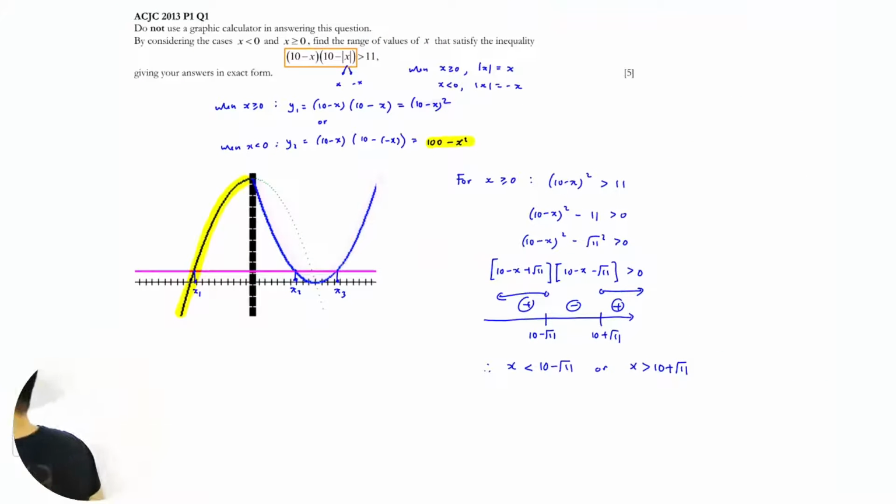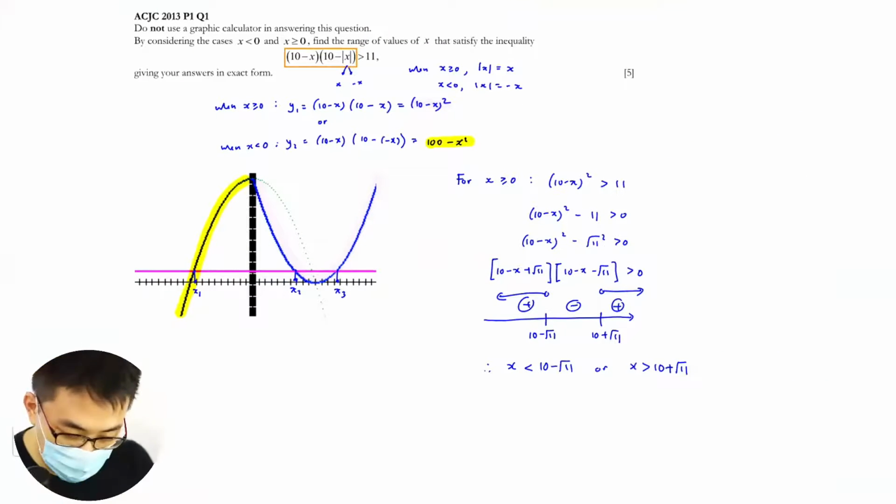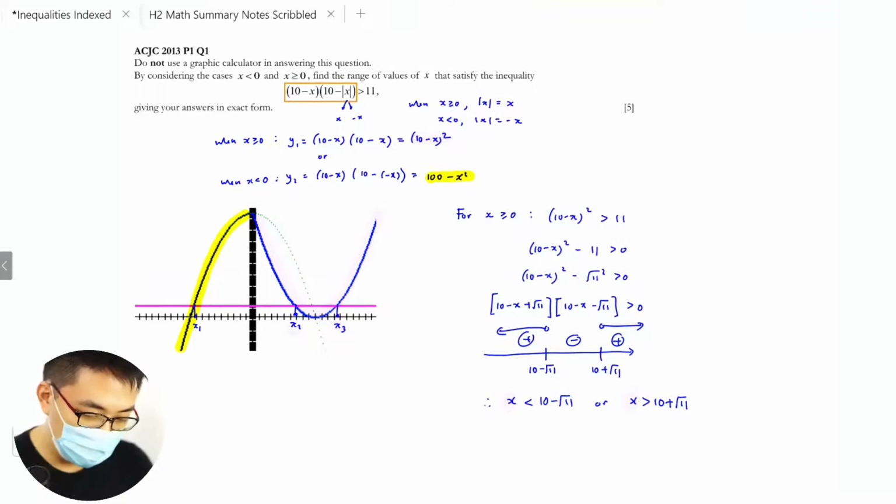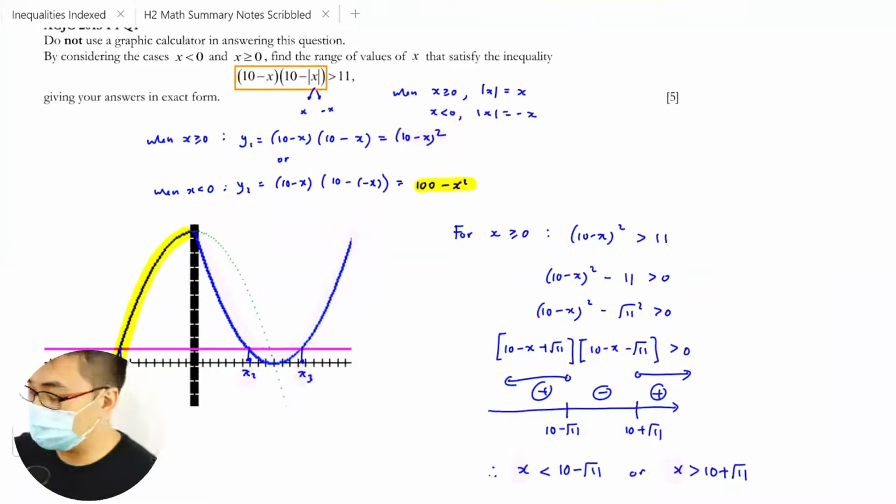So this one is x2. This is x2. This is x3. You must tally. In the exam, they say without using GC, you don't need the graph. The graph is to visually help you with that. Any question? No? Okay.